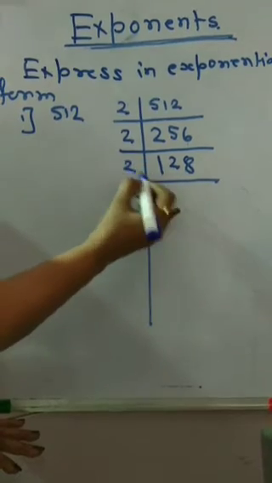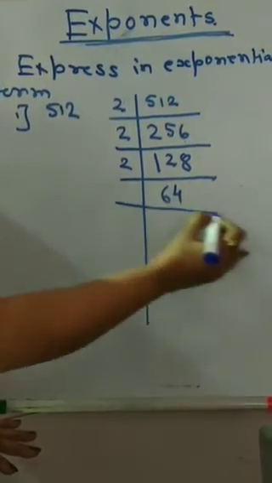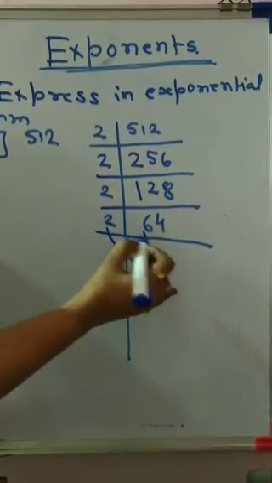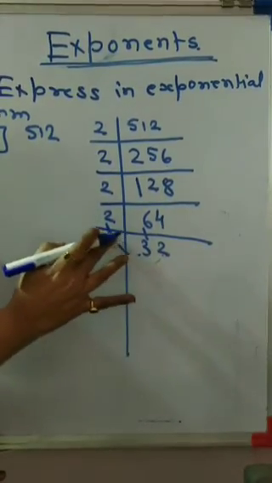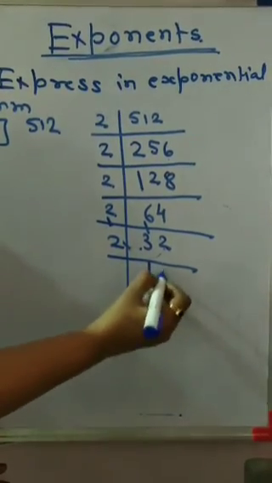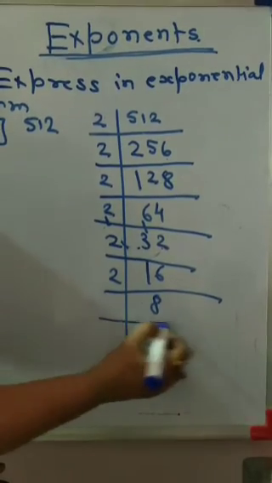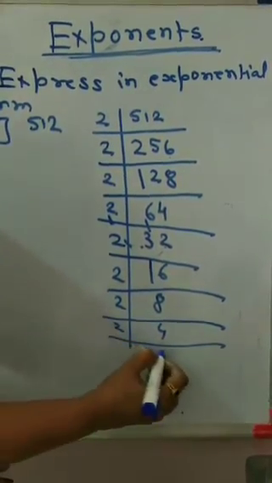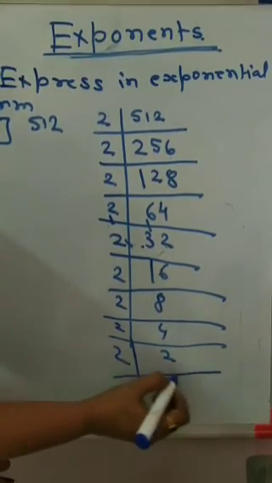Again 2 sixes are 12, 2 fours are 8. 2 threes are 6 and 2 twos are 4. 16, 32 is divisible by 2. 2 sixteens are 32, 2 eights are 16, 2 fours are 8, 2 twos are 4 and 2 ones are 2.